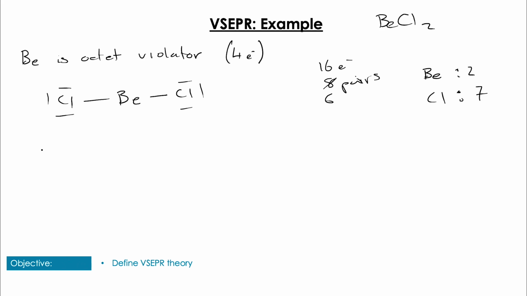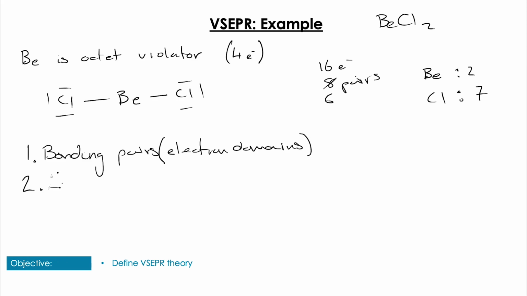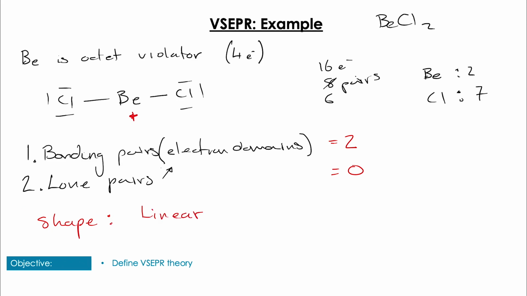Now, when we have 2 electron domains, as we do here in beryllium chloride, we can see there are 2 bonding pairs and no lone pairs around that central beryllium atom. So it's going to have a linear shape because it only has 2 places to repel. So 180 degrees away from each other is as far as they can go.